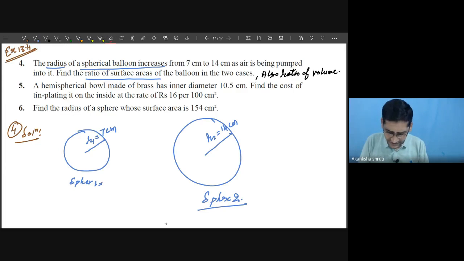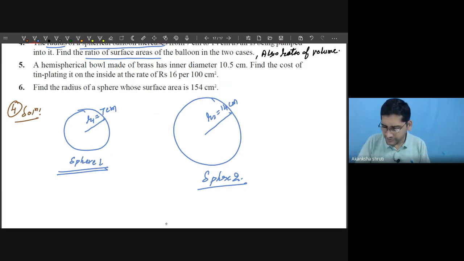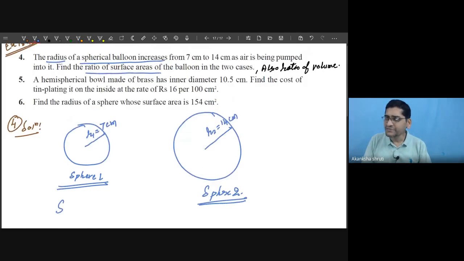So for the first sphere, we have the radius 7 centimeter. Let us call the surface area of this first sphere S1. For the sphere, how many surface areas are there? Only one kind of surface area.